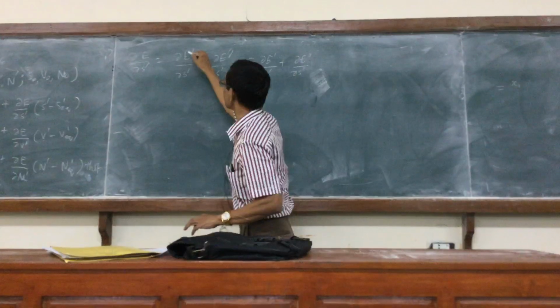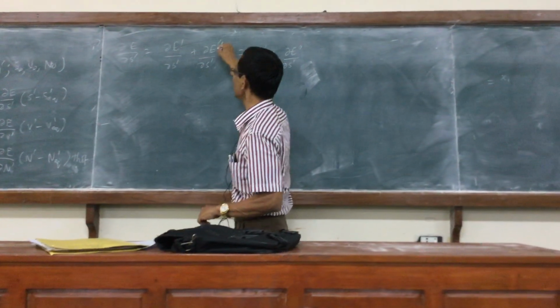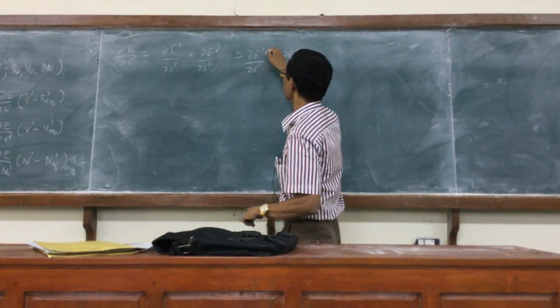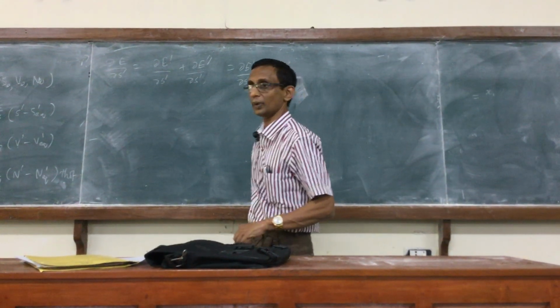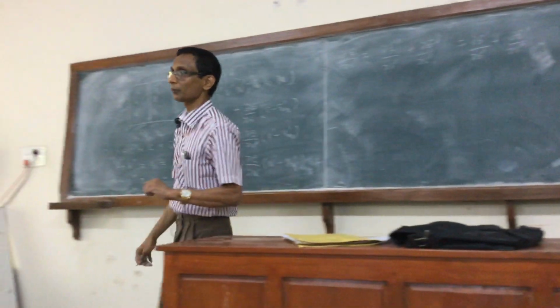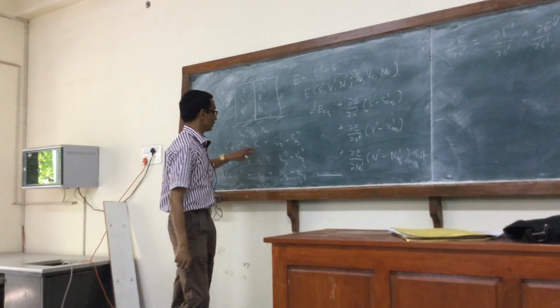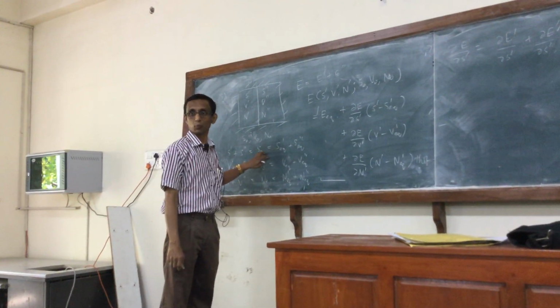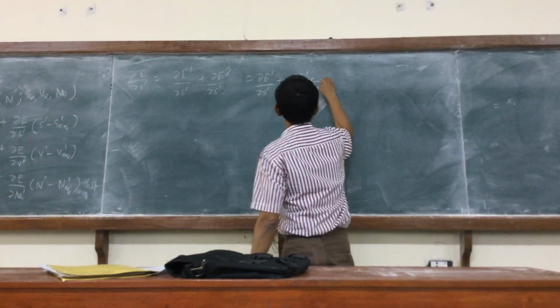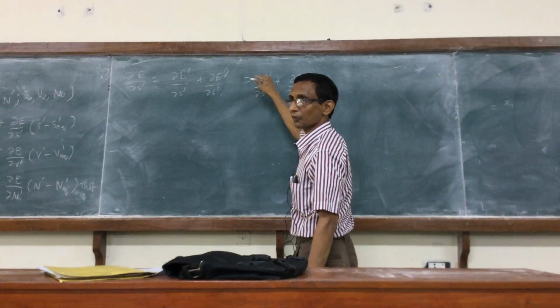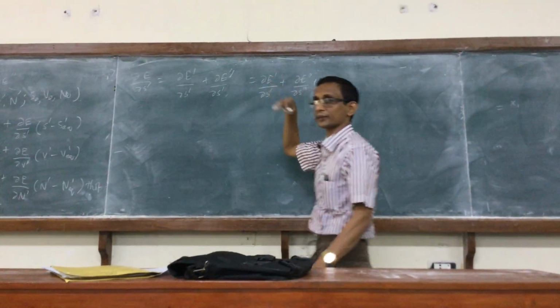And then dE double prime by dS prime is dE double prime by dS double prime times dS double prime by dS prime, which we can clearly see from the constraint is minus 1. Right? So it's minus 1. And I recognize this as a term from the fundamental equation in terms of the extensive properties.